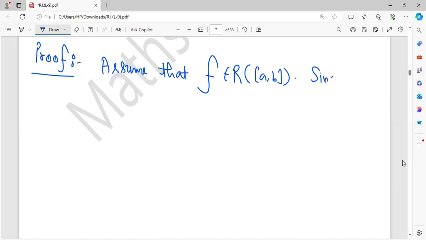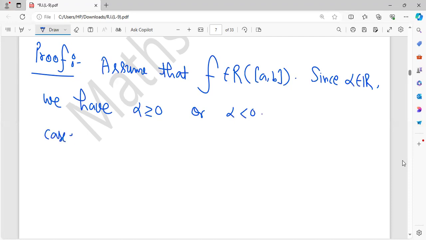Since alpha belongs to R, we have either alpha is non-negative or alpha is strictly less than 0, meaning negative.